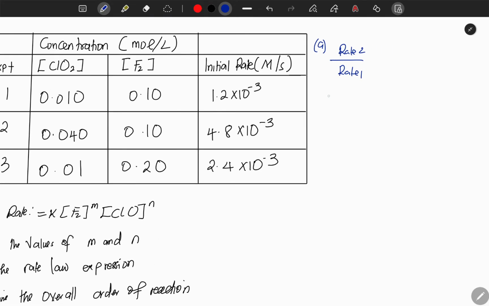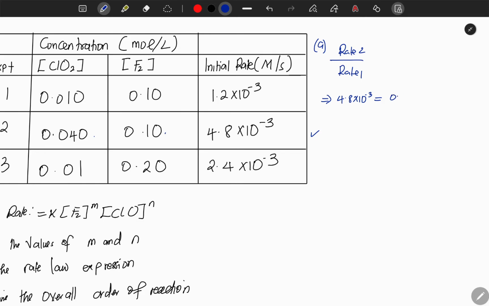So when we say rate 2 divided by rate 1, here is what we mean. Rate 2, of course, is following this experiment there. So we have 4.8 multiplied by 10 to the power negative 3 equals F, we are starting with this one, then end with that one.